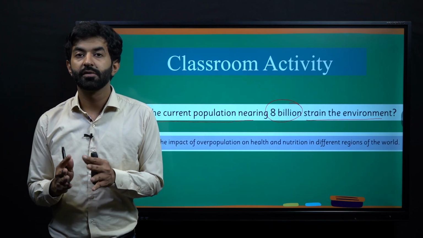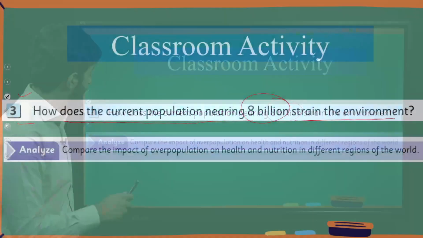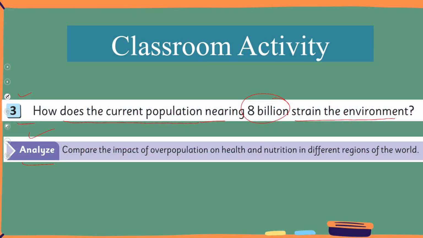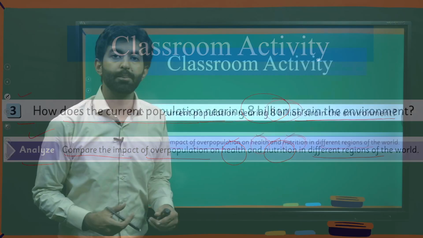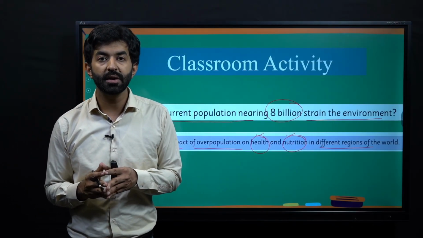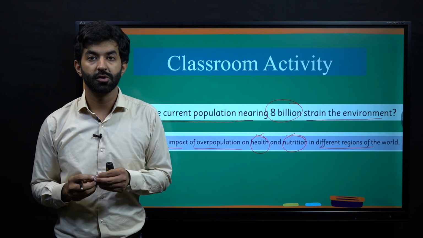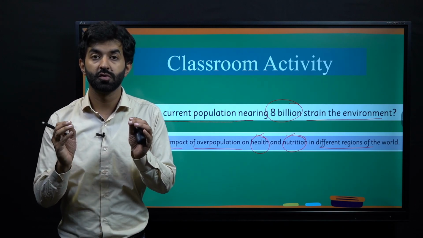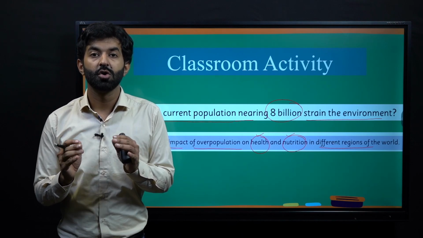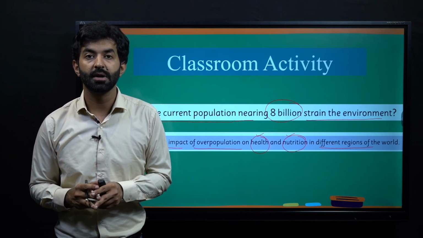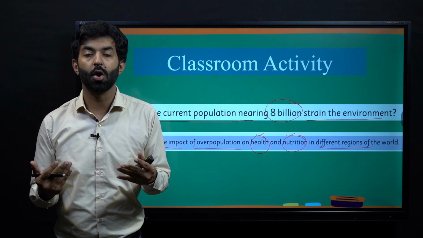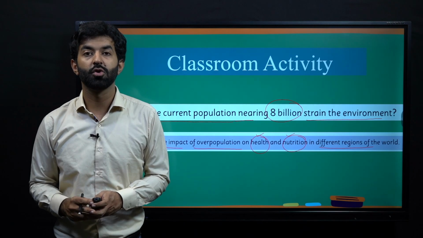Now after this, there is a separate analytical question: compare the impact of overpopulation on health and nutrition in different regions of the world. For example, the underdeveloped countries, the poorer nations, lack good health services and nutrition, even in Pakistan. So, find your evidence and supporting reasons from the text. Also, share your experience and observations and write a very good answer.